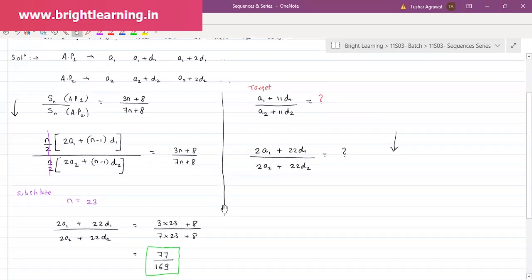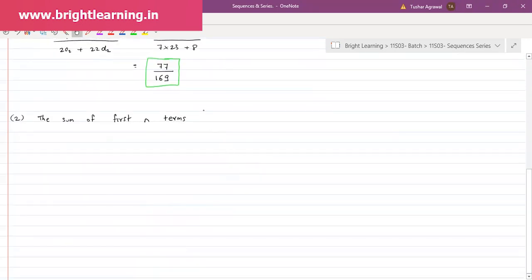Okay, take the screenshot. The sum of the first n terms of two APs are in the ratio 7n plus 1 upon 4n plus 27. Find the ratio of the 11th terms.